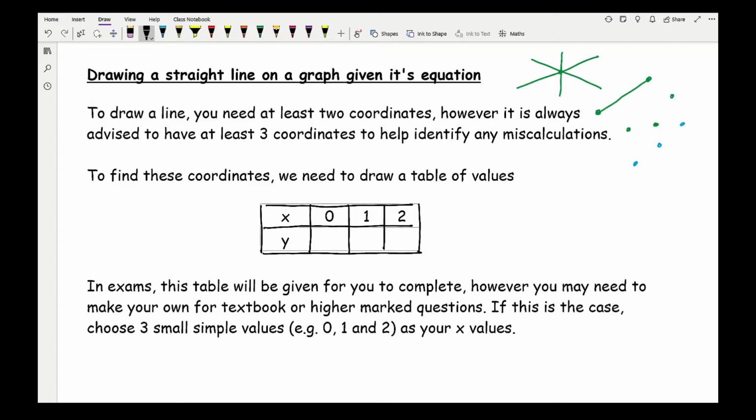And then what we need to do is substitute these numbers into the equation to work out what our y ordinates are. So it's these columns that will give us our coordinates. Now in exams, this table will be given for you to complete. However, you may need to make your own for textbook questions or higher marked exam questions. And if this is the case, I would always go for 3 simple values. And like I mentioned, 0, 1, 2, or 3 as your x values.